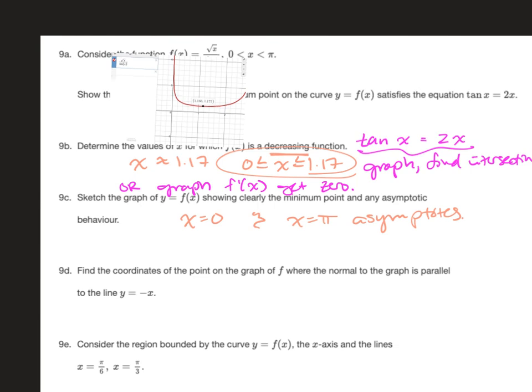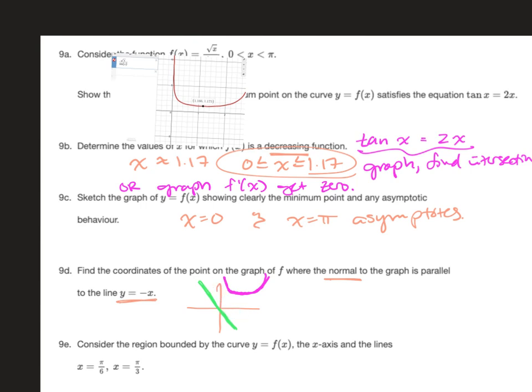Find the coordinates where the normal to the graph is parallel to the line y equals negative x. So the line y equals negative x is right here, 45-degree angle, and our function does a super flat bit and then comes up. Somewhere around here you're going to get something that's parallel to that.